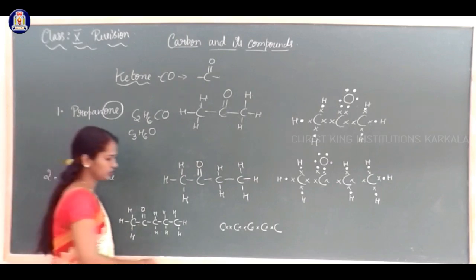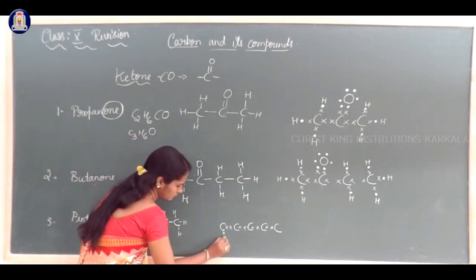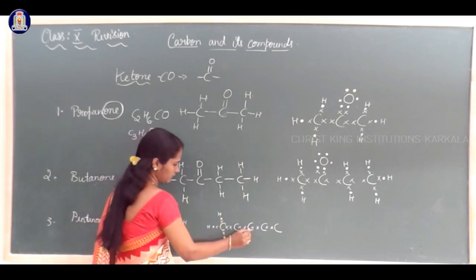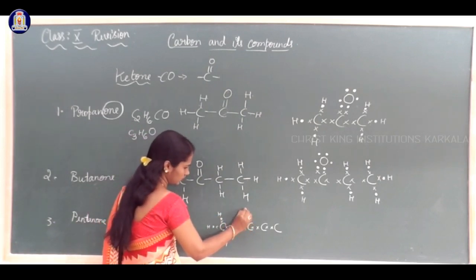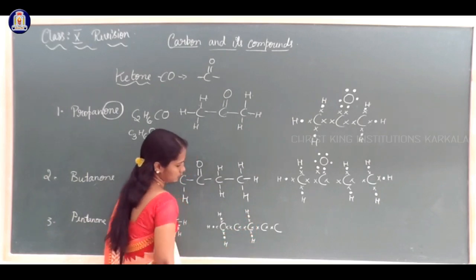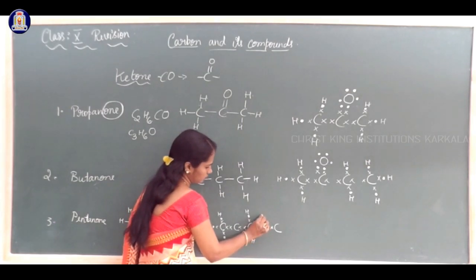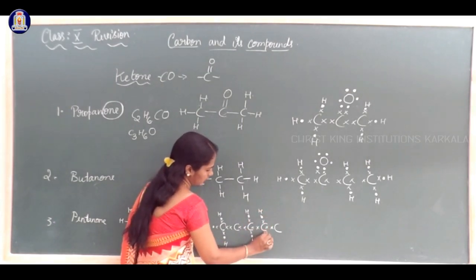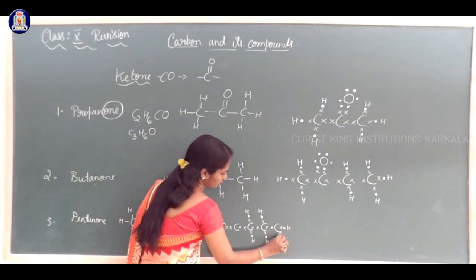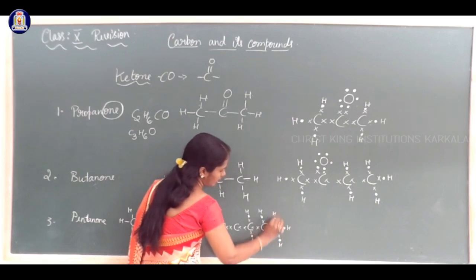Single bond with the hydrogen, into dot H, into dot H, into dot H. Third one, into dot H, into dot H. Fourth one, into dot H, into dot H, into dot H, into dot H, into dot H.